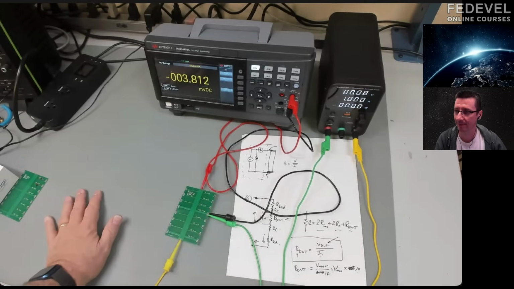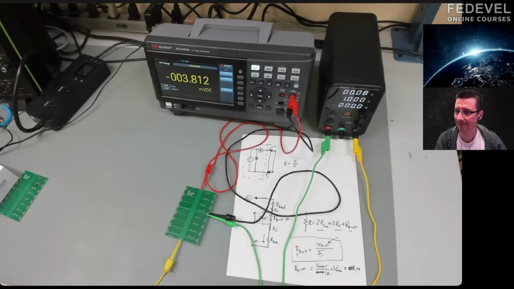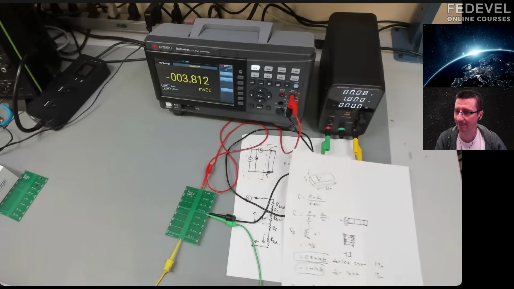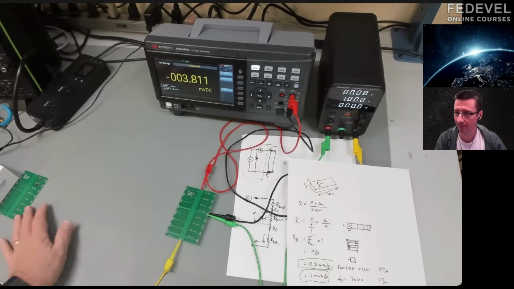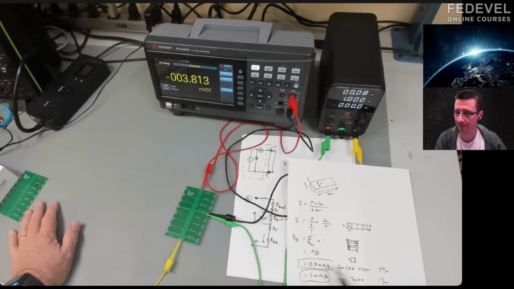Now, we thought it was going to be 5. It's 3.8. How come it's lower than we expected? Is something wrong in our calculation? Well, remember, when we did this estimate, we assumed 1 ounce copper, and we assumed oxygen-free copper resistivity. And this is top layer, and so they plated this.